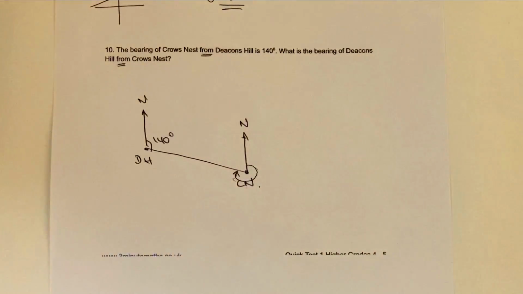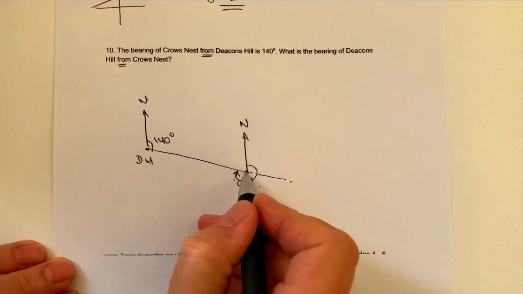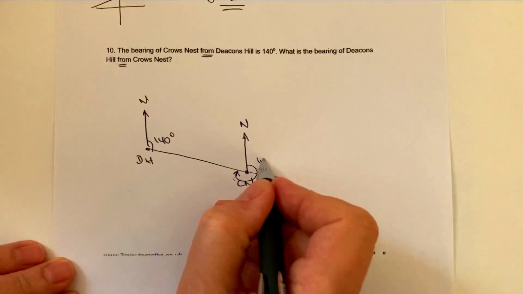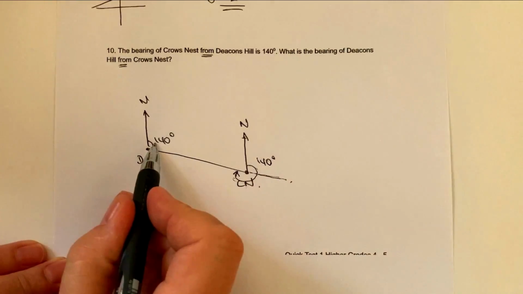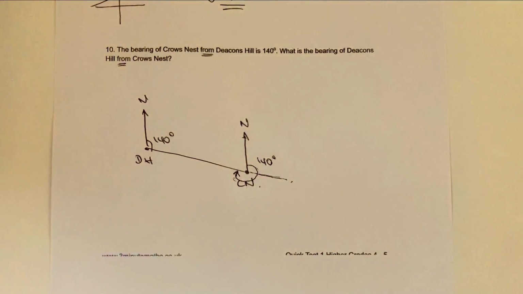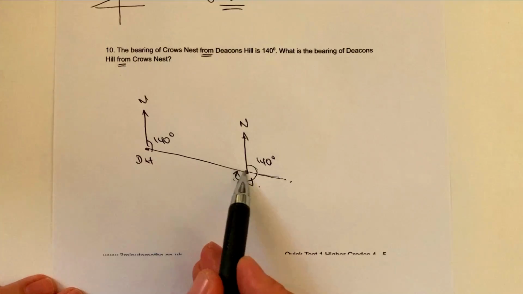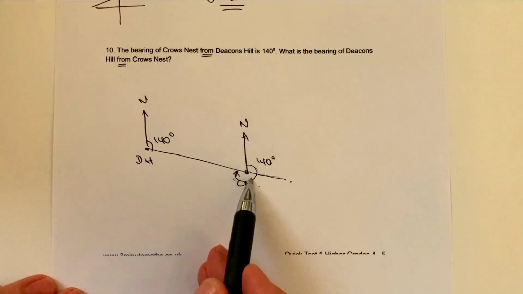Now, probably the easiest way of doing this is to look at the diagram that I've drawn and see that actually this is a corresponding angle. So this bit of it is 140 degrees. It's the same as that one. It's this very classic kind of F shape that you'll see when you're doing angles in parallel lines. Okay, and then we've also got this line along here, which is the rest of the bearing.